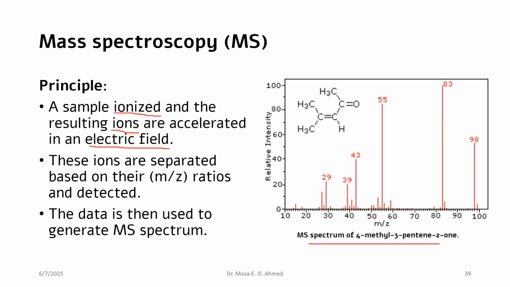For example, this mass spectrum for methyl 3-pentyl 2-one, a keto compound, has the m/z ratio on the x-axis and the relative intensity on the y-axis. The compound has unique signals at specific mass to charge ratios, each with a relative abundance according to the number of ions present after ionization.